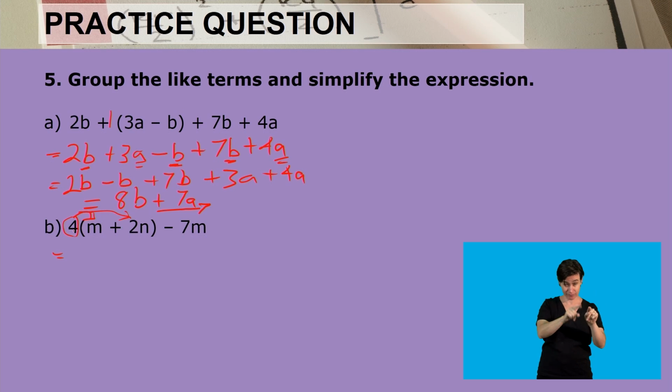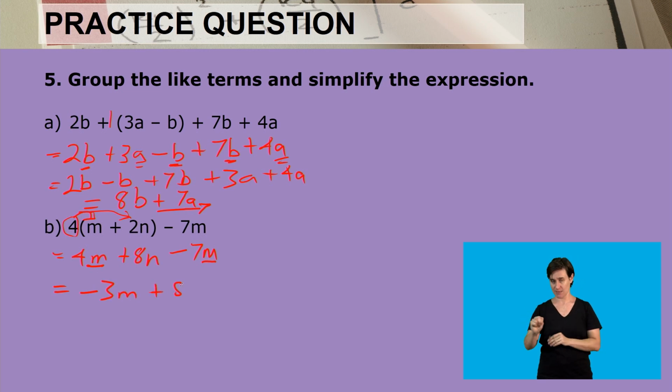So that would be 4 multiplied by m, which is 4m, and then 4 multiplied by 2n, which is 8n, and then minus 7m. Then the like terms are m and m, 4m and 7m, and the outcome would be 4 minus 7 is negative 3m plus 8n.